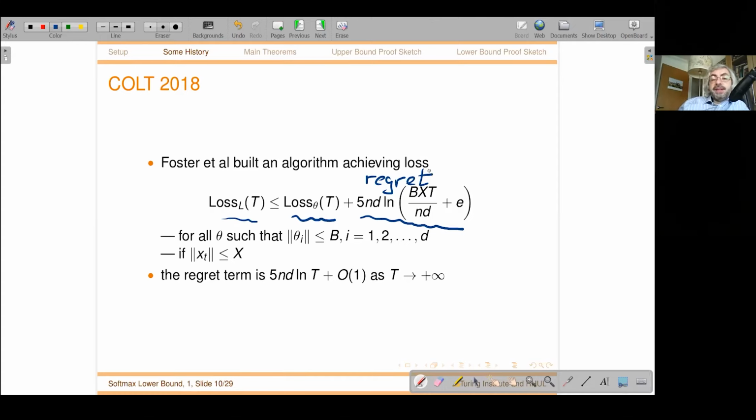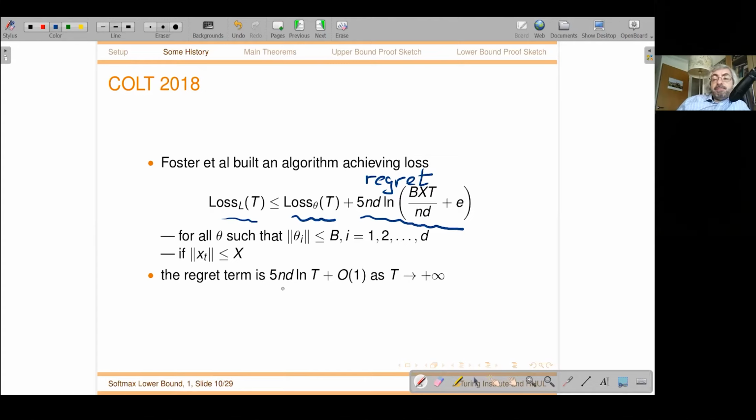Asymptotically in time, the behavior of regret is 5 nd times the logarithm of time. Let me remind you, n is the dimension of the signal, and d is the number of components in our distributions, or the number of possible classifications.